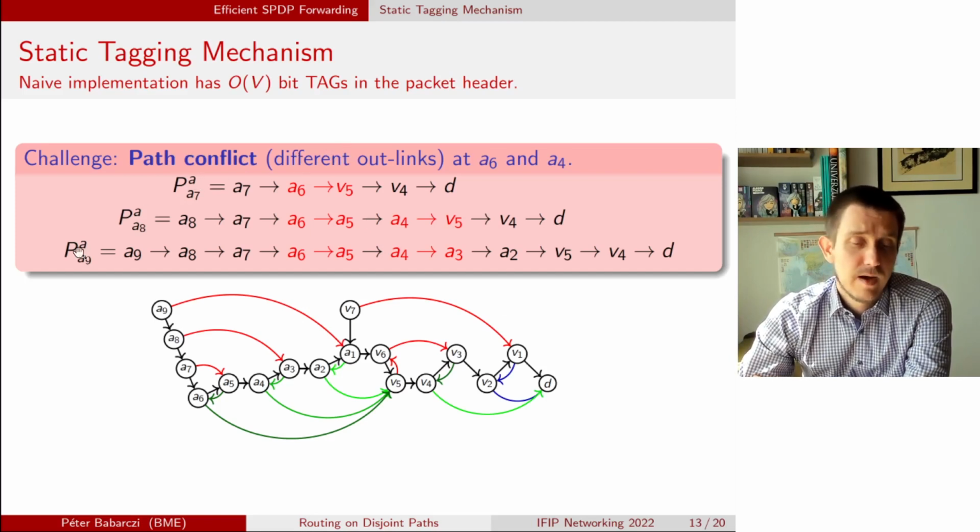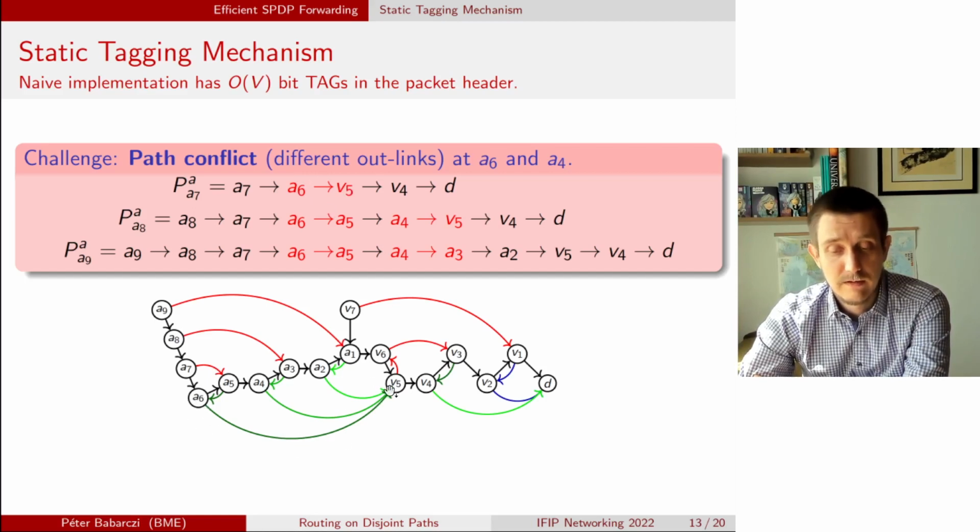Here are three paths in the previous example, starting from node A9, A8, and A7. We observe that at node A6, which is this node here, the first path wants to use the secondary link, which is this green link to node V5, and the other two want to use the shortest path link, which is A5, this link here.